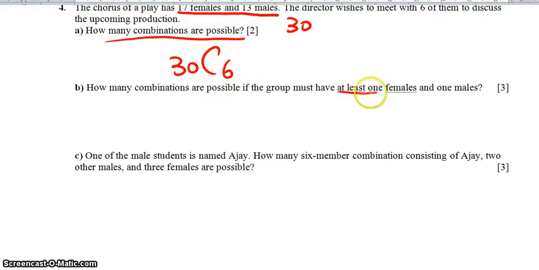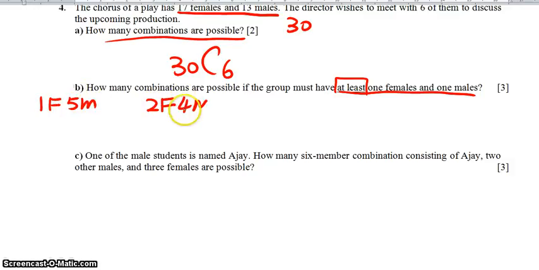How about at least one female and one male? At least one female means it will have 5 other males. At least one female, let's say 2 females, then you have 4 males, then 3 females, 4 females, 5 females.